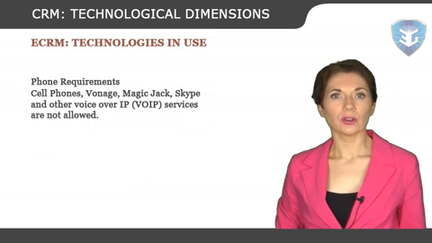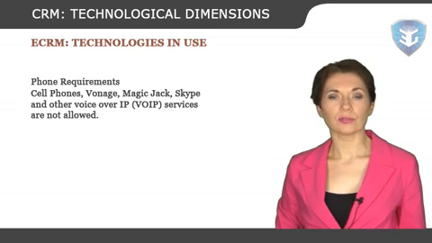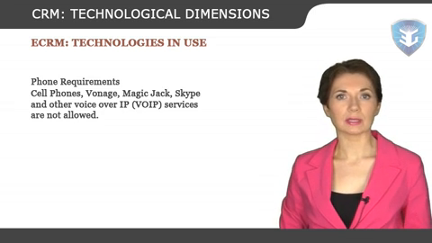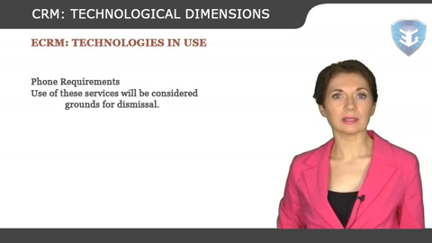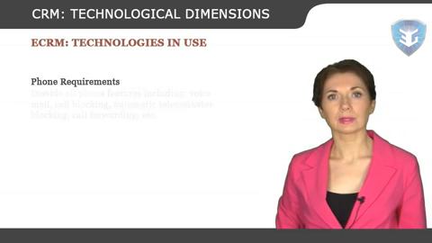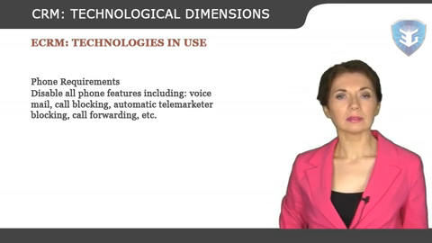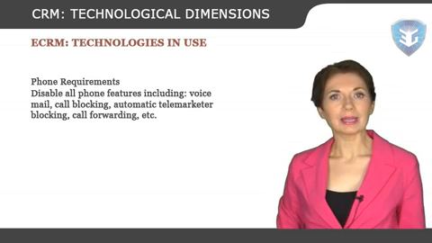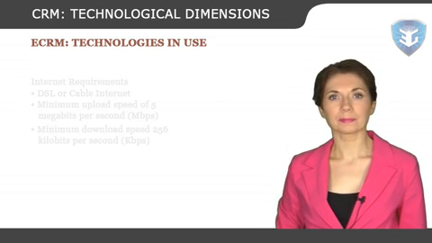Cell phones, Vonage, Magic Jack, Skype, and other voice-over-IP or VoIP services are not allowed. Use of these services will be considered grounds for dismissal. Disable all phone features including voicemail, call blocking, automatic telemarketer blocking, call forwarding, etc.